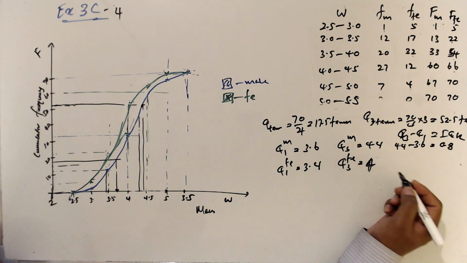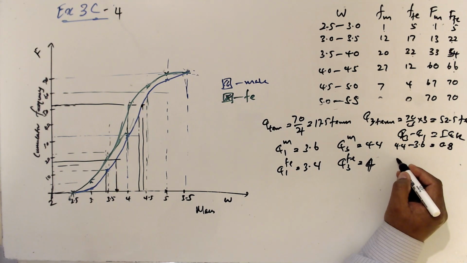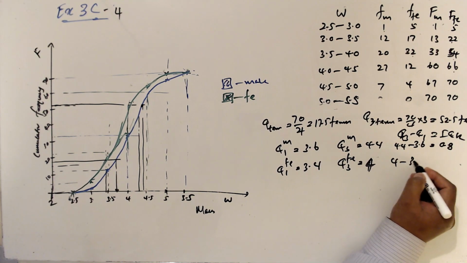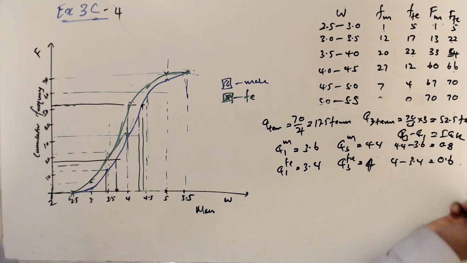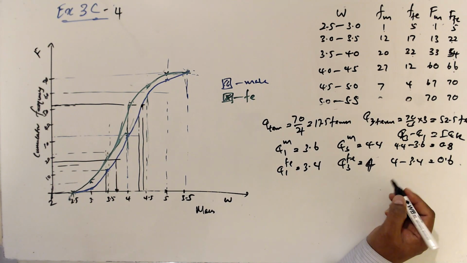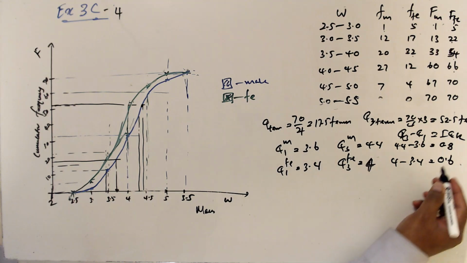So this value is about 4, and 4 minus 3.4 is 0.6.